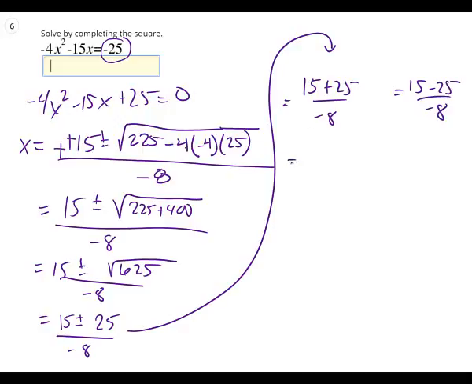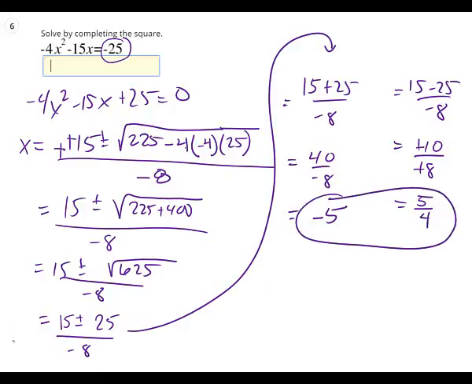So what's 15 plus 25? 40 divided by -8 is? -5, okay. 15 minus 25 is? -10 over -8 is going to reduce to? 5 over 4.